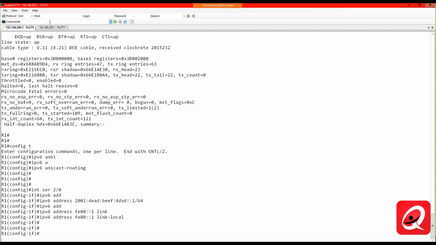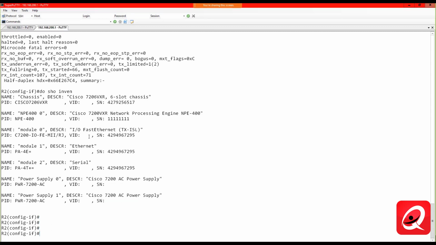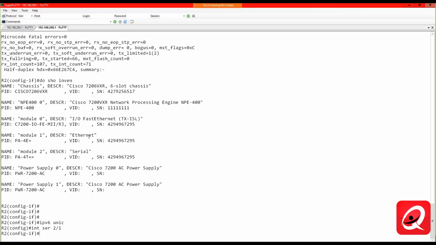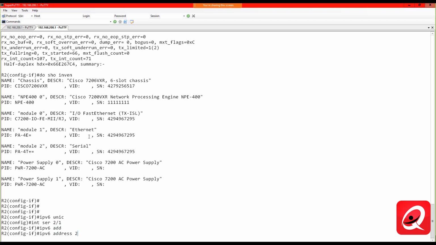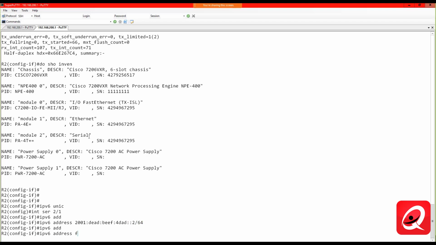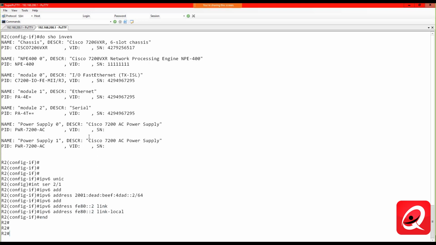I'm just going to set the link local address statically on that side. Otherwise, we're going to be using the EUI-64 process. So ipv6 unicast-routing, interface serial 2/1, IPv6 address 2001:dead:beef:4dad::2/64, and IPv6 address FE80::2 link-local.